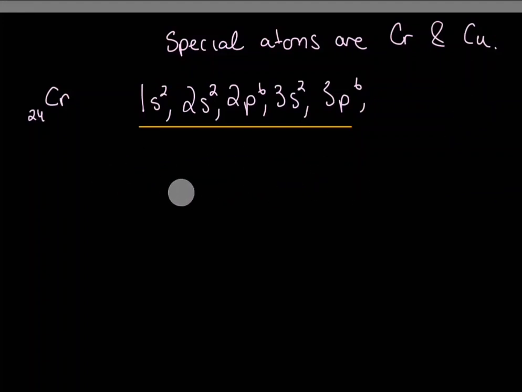So the proper one, let me just write it up again. 3p6, 4s1, 3d5. Now I just want to write down a few notes on that for you, so you can put this into your copybook if you want.